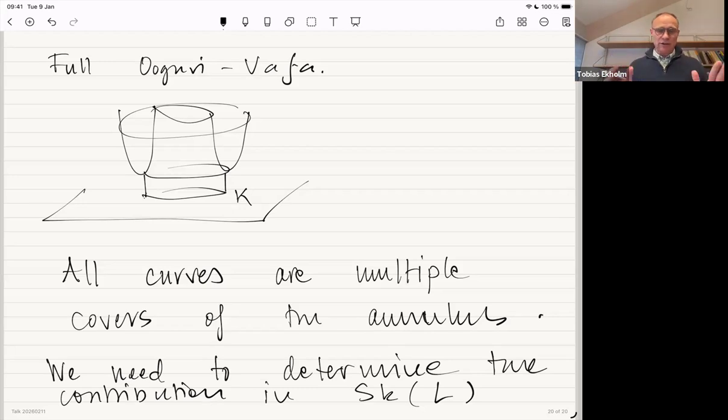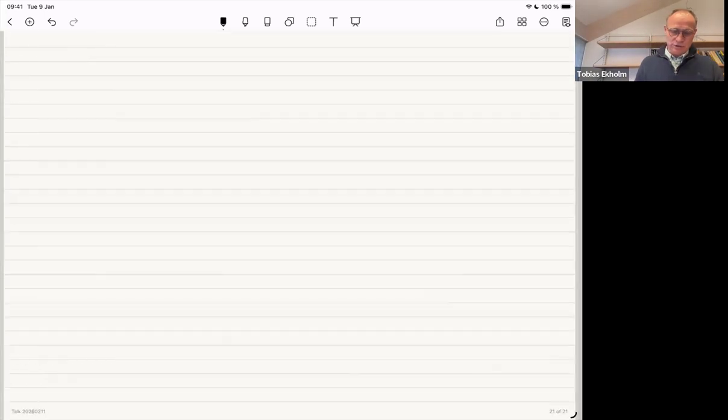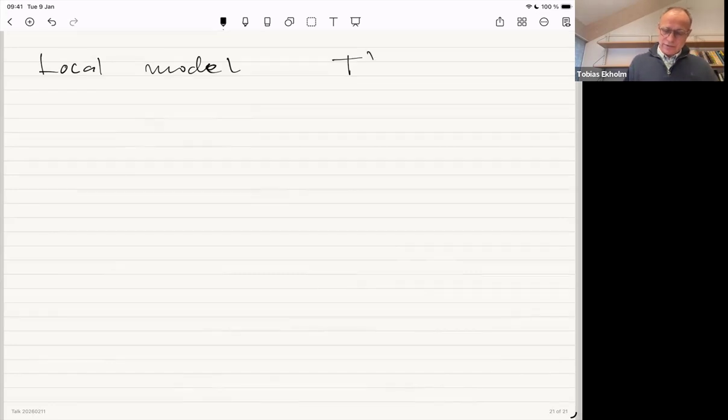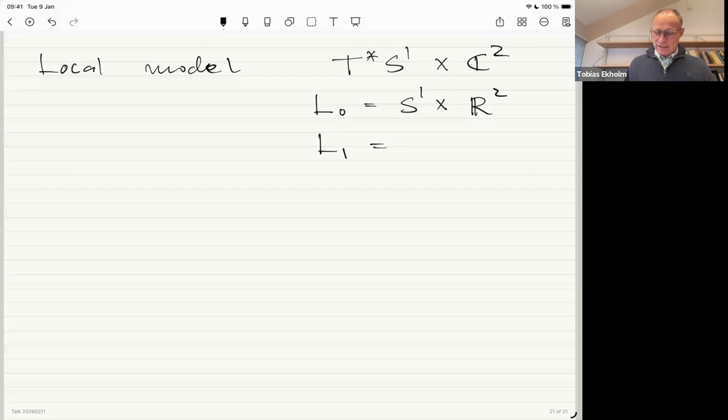Okay. So in order to do that, we move to a local model. I'm going to study another local model which will allow us to calculate this contribution. So near this knot, everything looks like the local model that I'm now going to tell you about. So, new local model. We take T star S1 and we multiply it by C2, okay? And in here we have L0, which is S1 times, let's say, R2, and we have L1, which is S1 times, let's say, iR2.